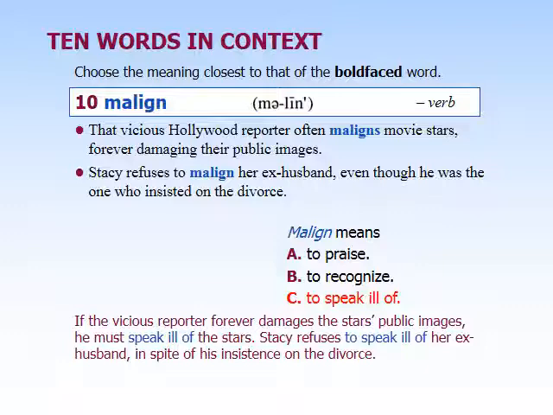In the second example, when people get divorced, I have a friend of mine who, whenever he talks about his ex-wife, he doesn't have anything good to say, so he does malign her. But in this example, Stacy refuses to malign her husband. She refuses to say bad things about him to hurt his reputation or the way that people view him.